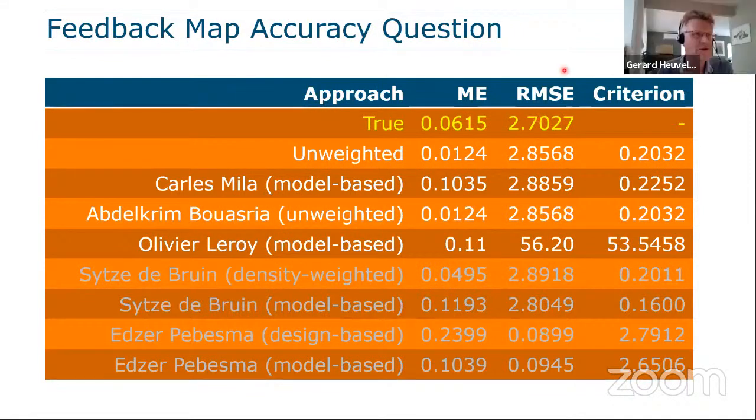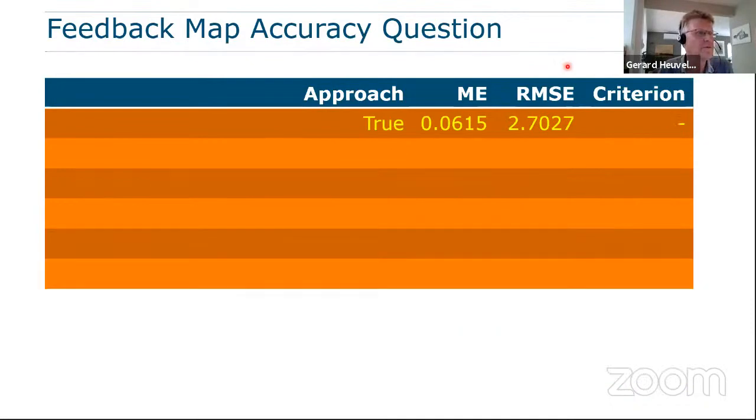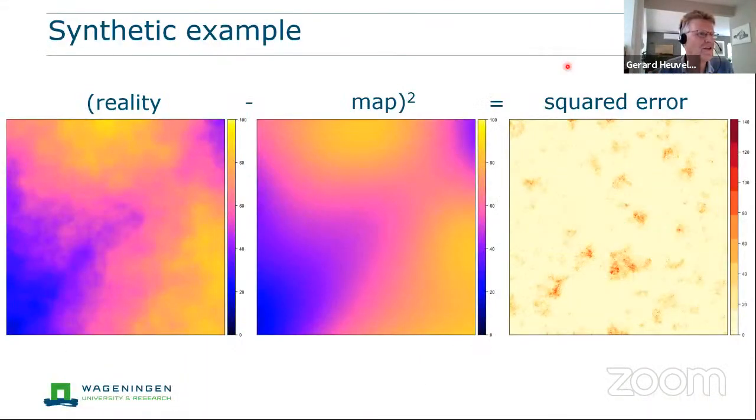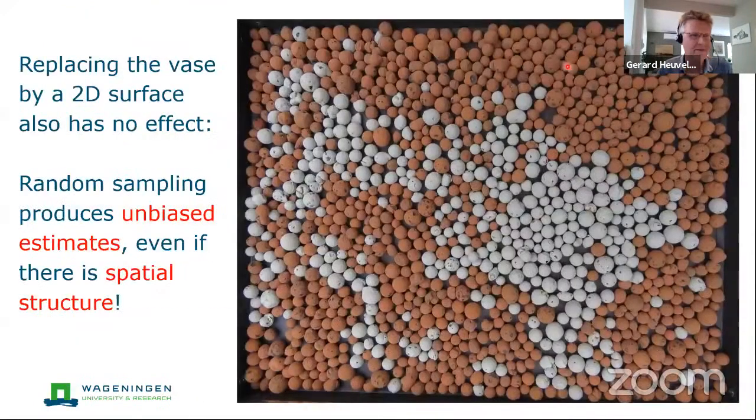Let me go to the slide, maybe this introductory example. Basically, we see spatial structure here. Let gray be wrongly classified and red be correctly classified. But we take a random sample.